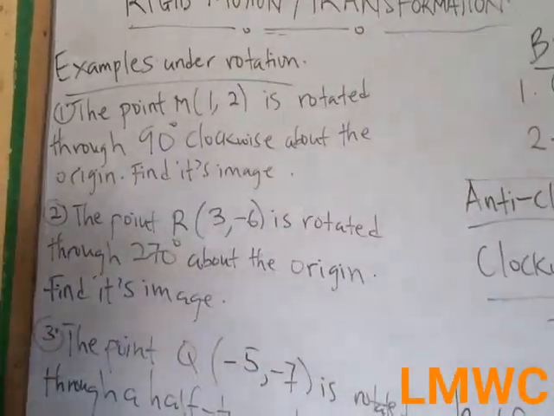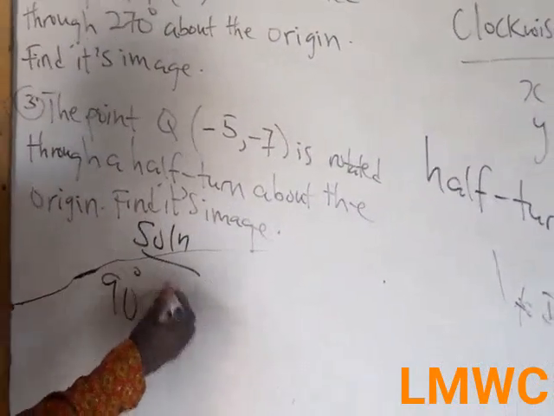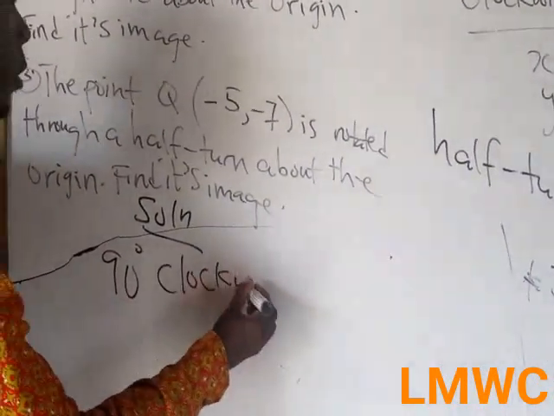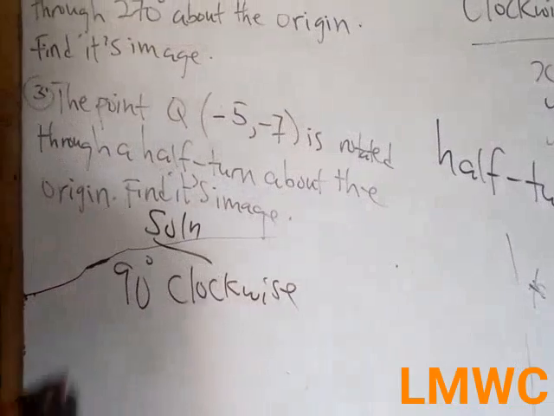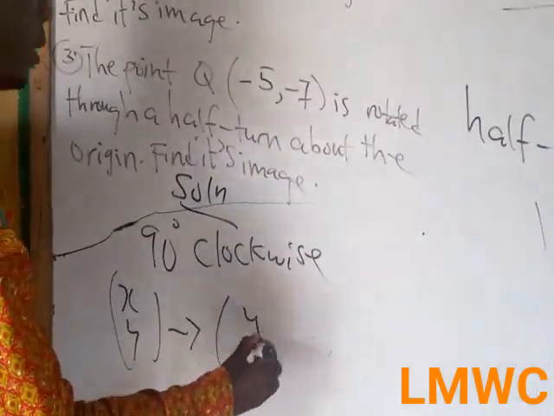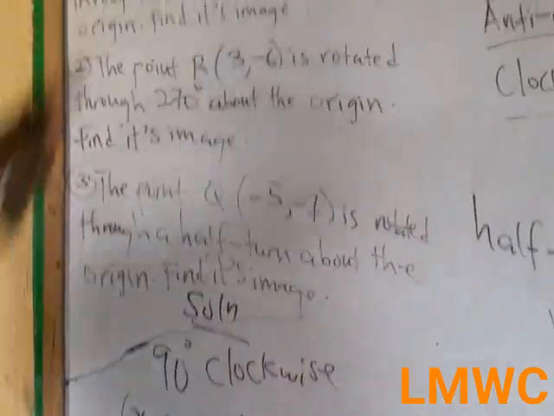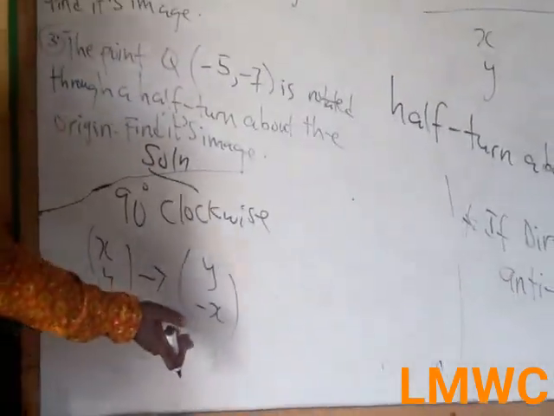Find its image. So 90 degrees clockwise, the formula (x, y) maps to (y, negative x). That's the formula. The point is (1, 2).